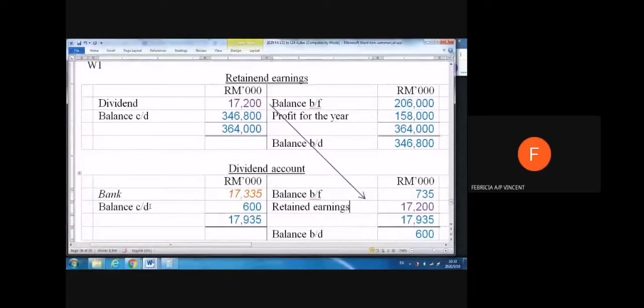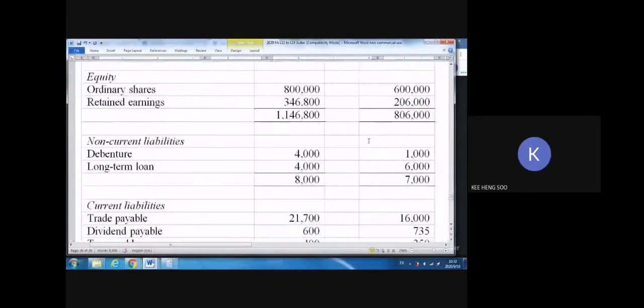Sir, I want to ask how you get the 200,000 and 300,000, the new issue of share and issue of debenture. New issue, I said here, 800 minus 600 is 200. You issue new shares, am I right?